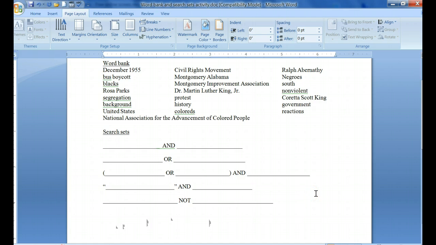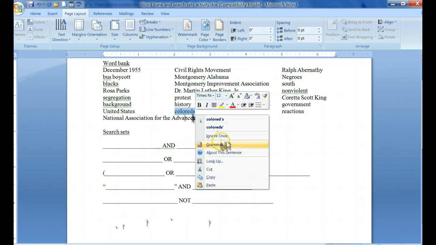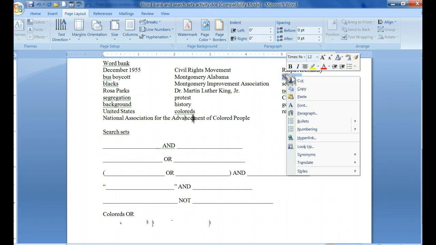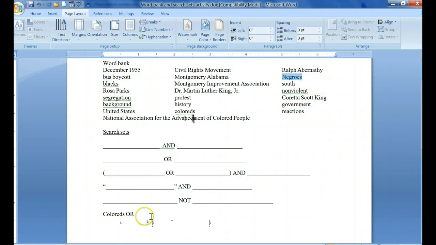So we want to look for items that use the word coloreds, or the word Negroes, which are synonyms, and they are the terminology that was used at the time when the Montgomery bus boycott took place, as opposed to the more commonly used blacks or African Americans that is more common today. All right, so coloreds or Negroes.